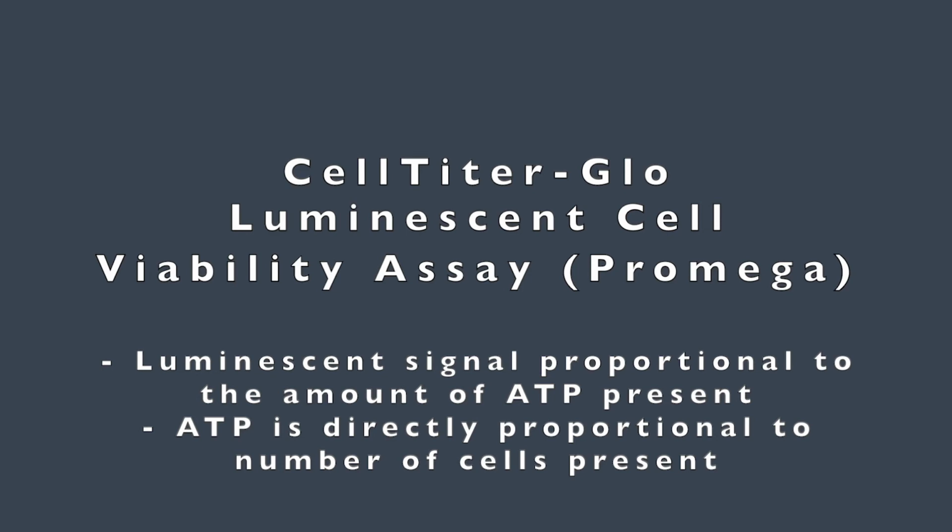By adding the ATP reagent into the wells, it results in a cell lysis and the generation of a luminescent signal proportional to the amount of ATP present. The amount of ATP is directly proportional to the number of cells present in the culture.